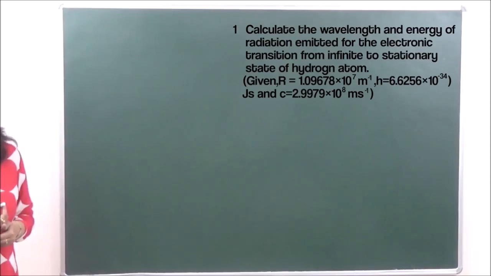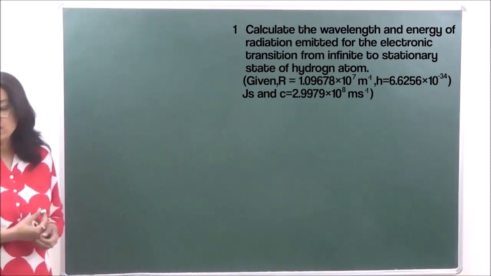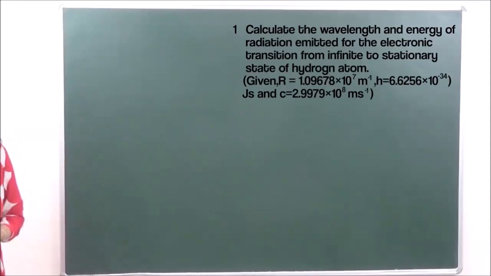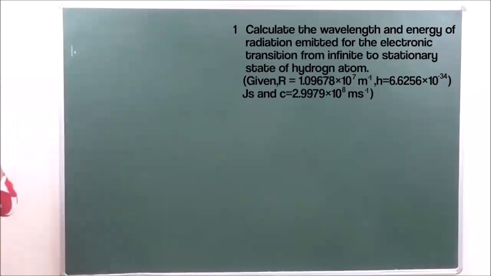Given R is equal to 1.09678 into 10 raised to the power 7, and h is equal to 6.6 into 10 raised to the power minus 34, and c is 2.9 into 10 raised to the power 8. Okay, so now in this question they have given us two states. One is the stationary state and one is infinity.